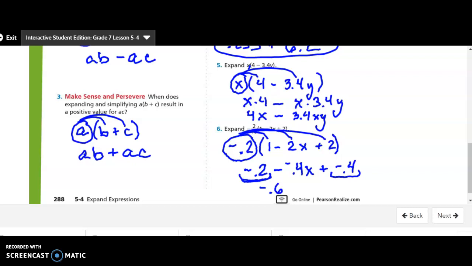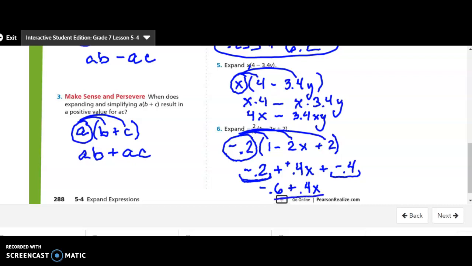And the last little piece that we're going to simplify to make it a little nicer is we're going to use the change, and instead of minusing a negative, we're going to turn it into addition, because the change says that we can change subtraction to adding the opposite. So instead of minus a negative, we can add a positive.